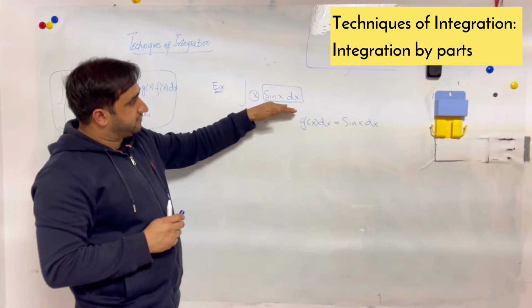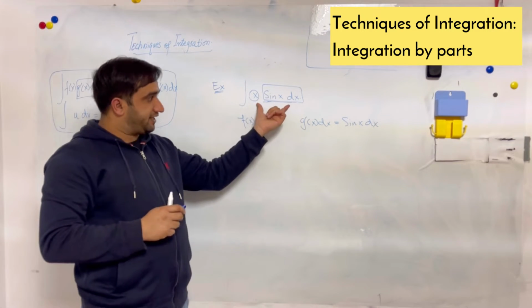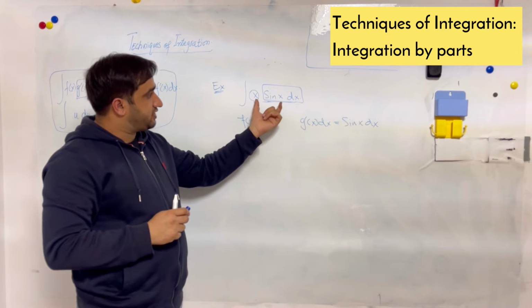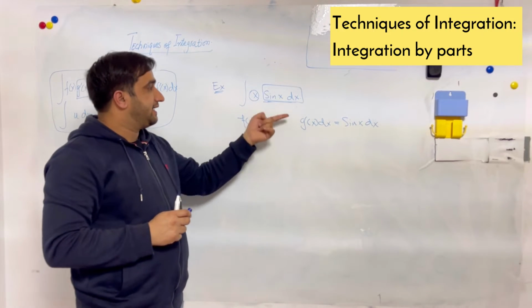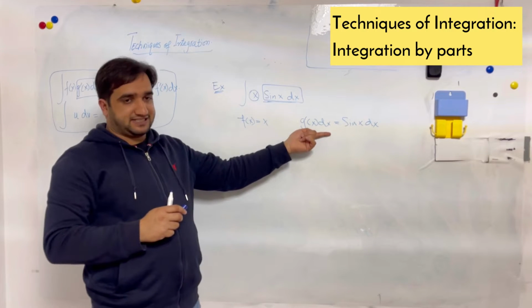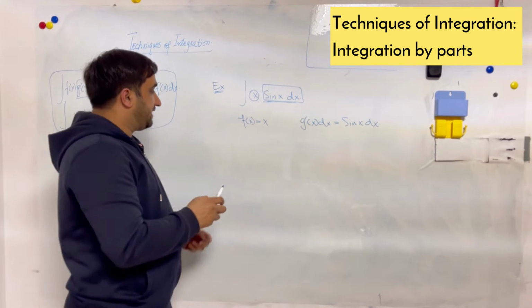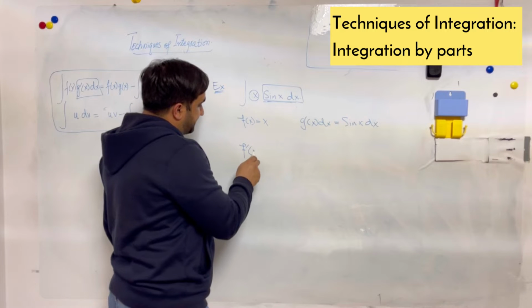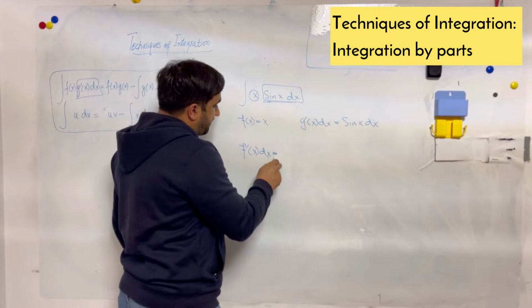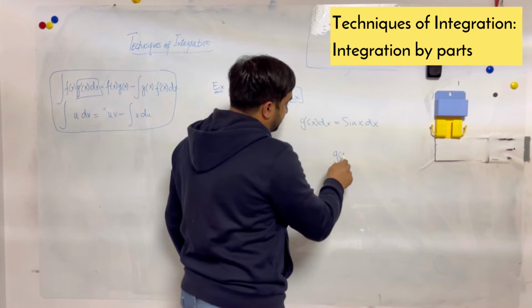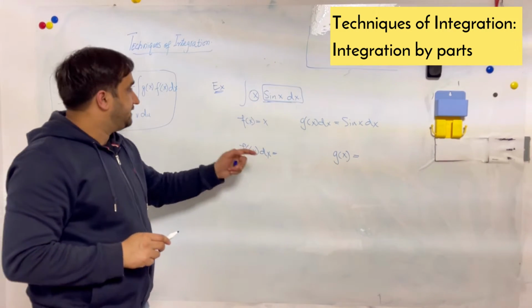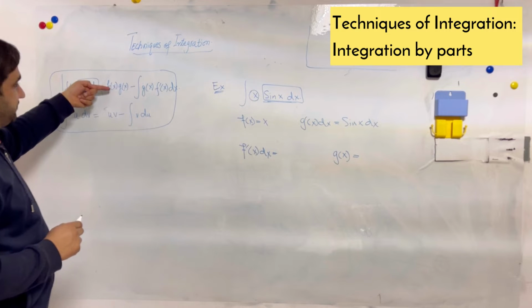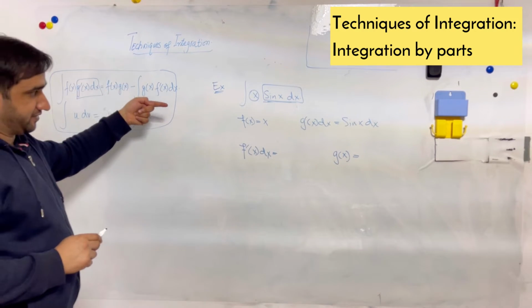Now from this information, according to the formula, you have assumed two parts. One part as f of x and the other part as g dash of x dx. Now what is remaining? I need f dash of x dx and I need a g of x. If I have all these four pieces of information, then I can simply put them into this formula and I will get the answer.